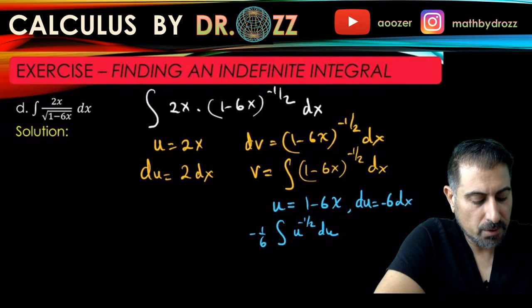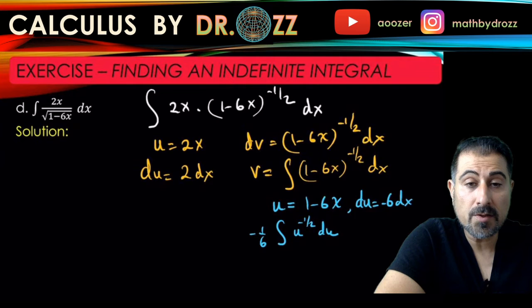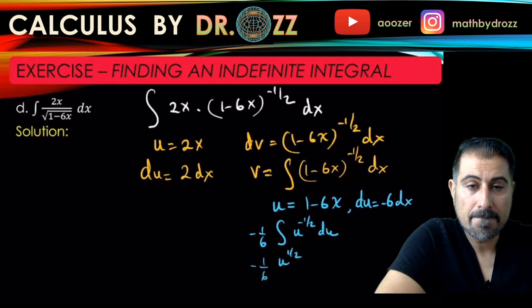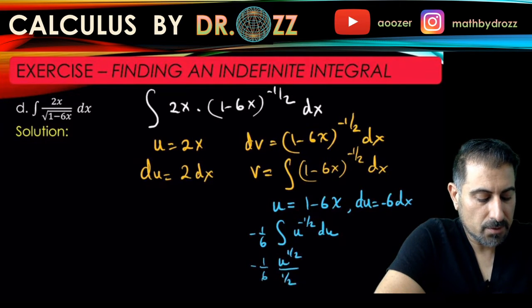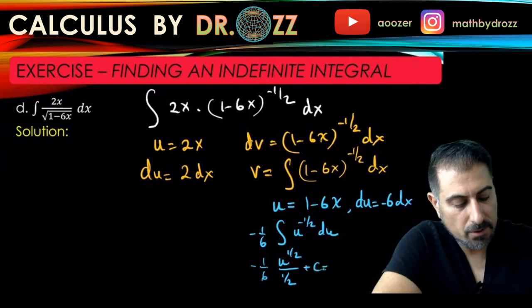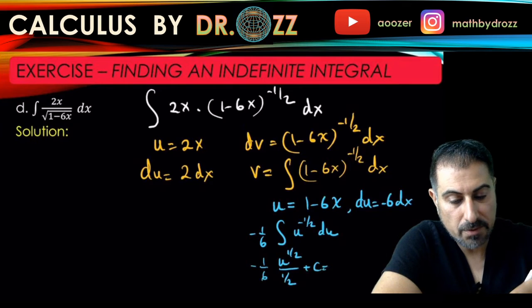So this lets us use the power rule for integration: u to the 1/2, over 1/2. If you flip 1/2 over, that should be 2. Let me write here, I don't think I have enough space over there.